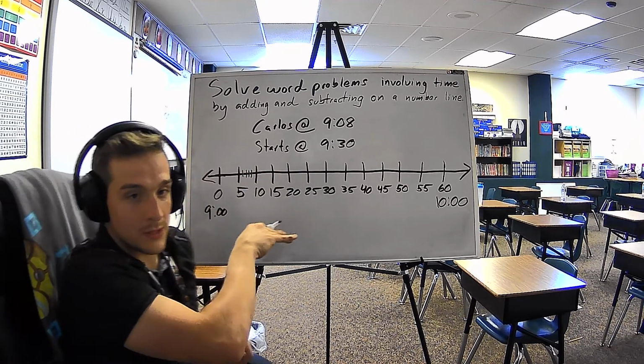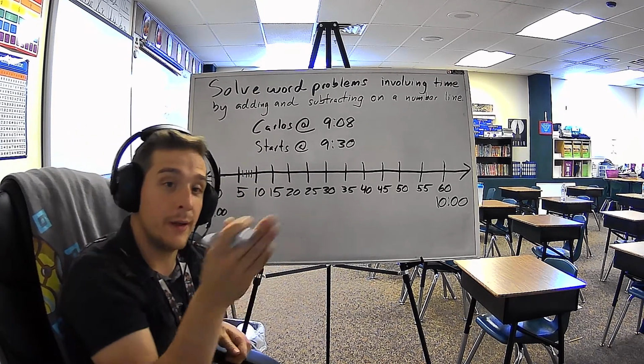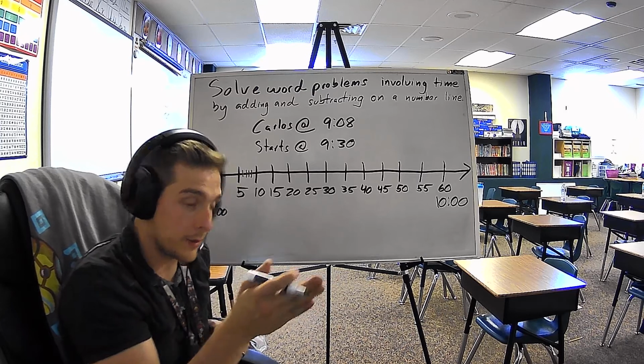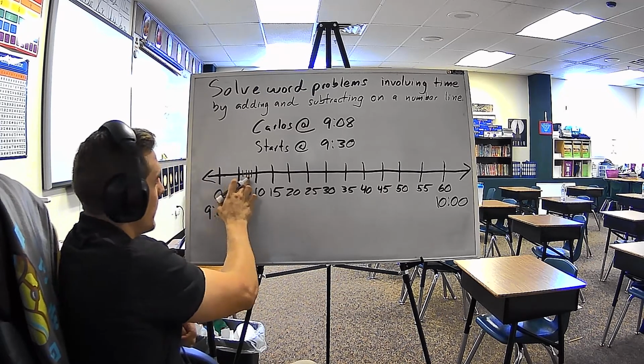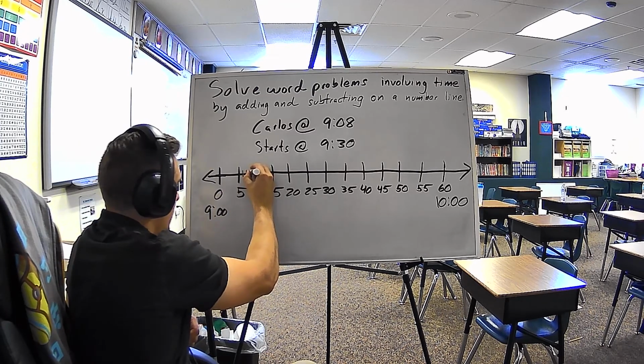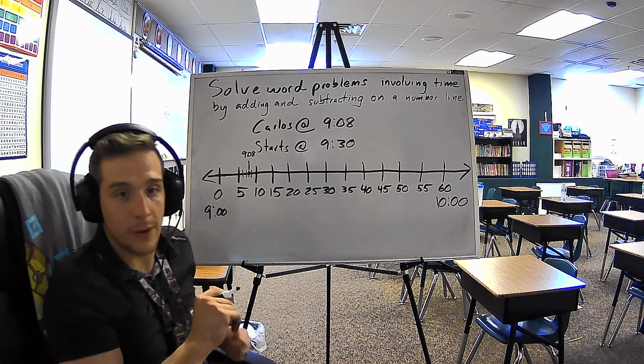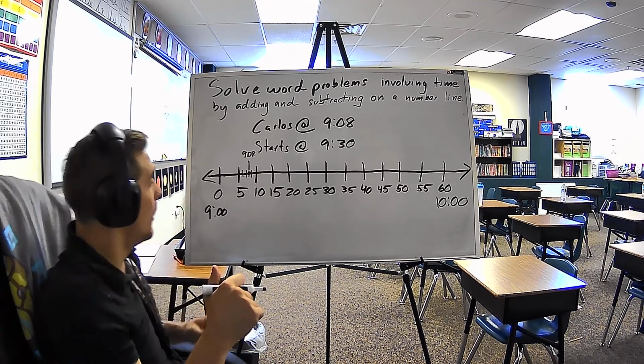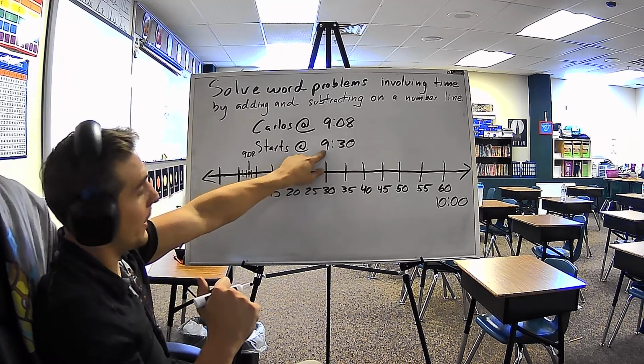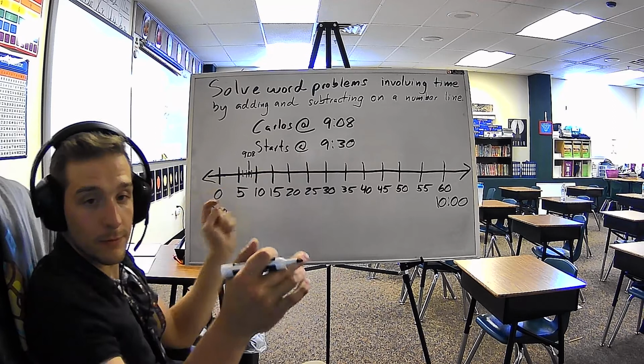I'm putting all those lines there for a reason, just to make sure I am putting it in the exact spot. So I'm starting at 5, 6, 7, 8. I'm going to plot this point right here, and say that this right here is 9:08. That's 9:08. We good? Awesome. Now I need to plot 9:30. Thankfully that's a 30.